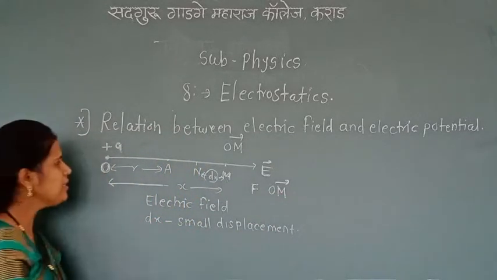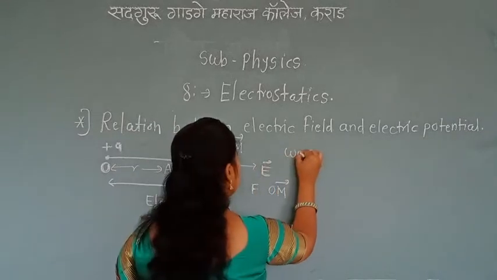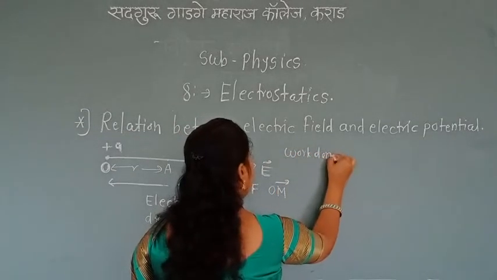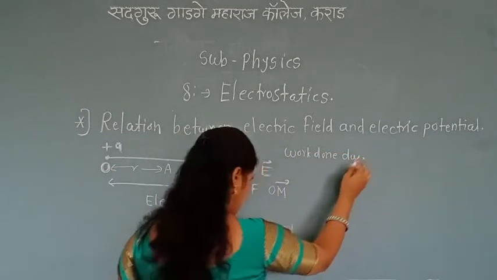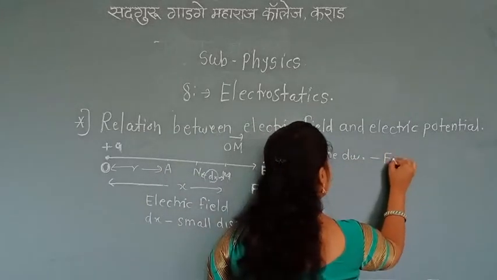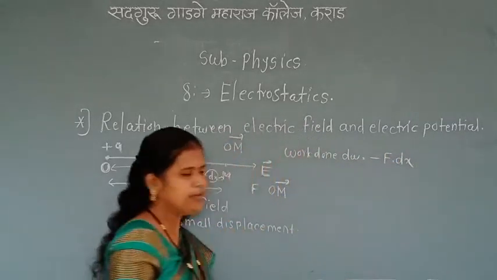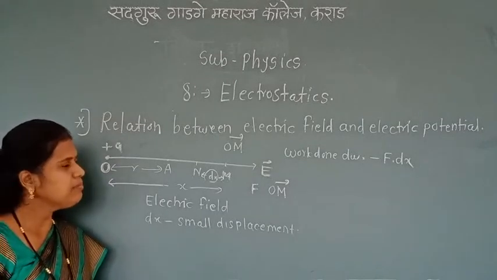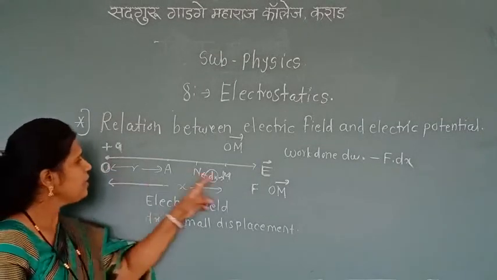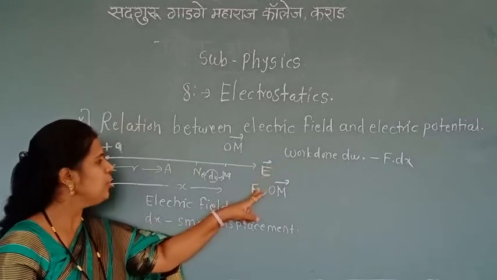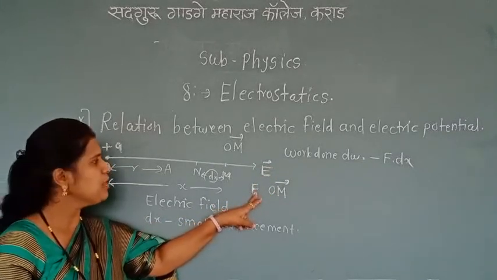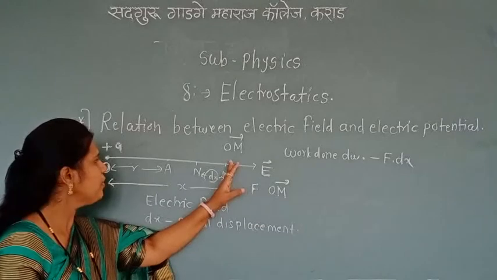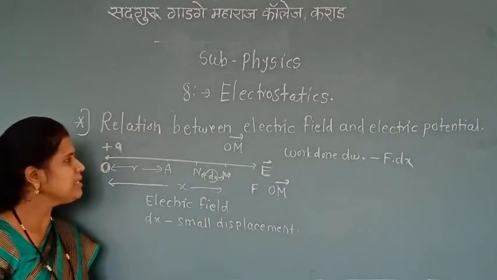Therefore, work done dW is equal to minus F dx. Because of this charge, the electric field is produced, and an electric force is also produced. So work is done when the charge moves from one place to another, and there is displacement.